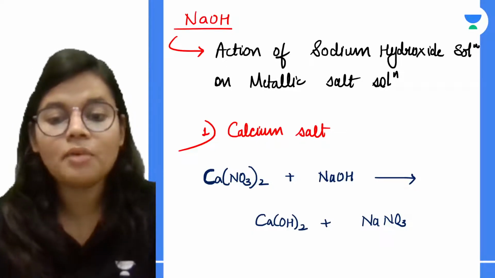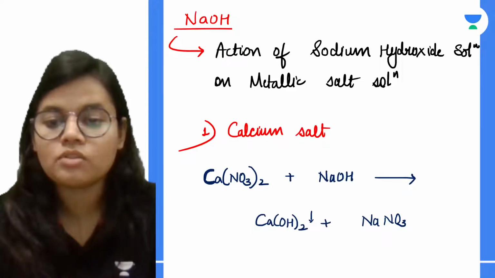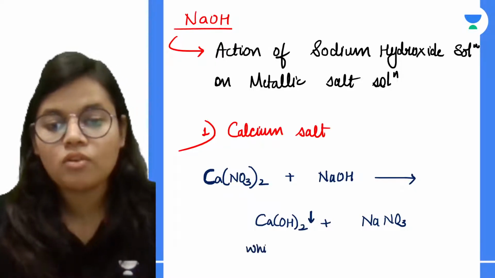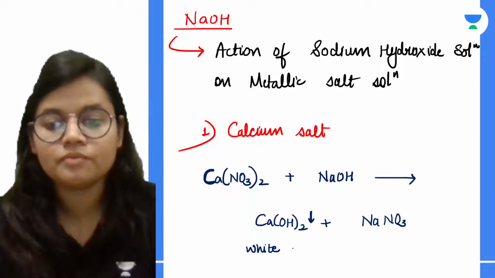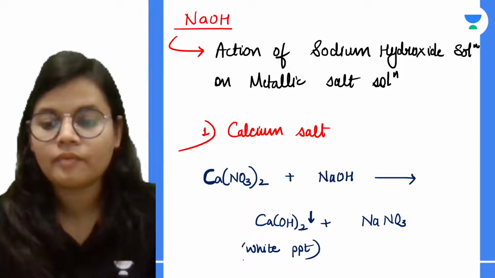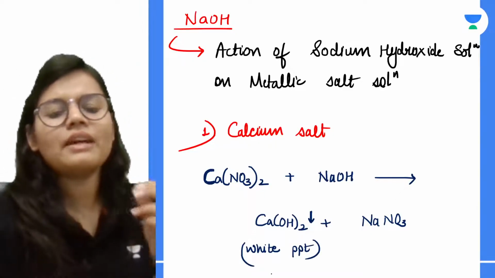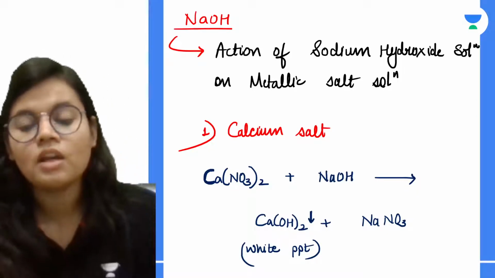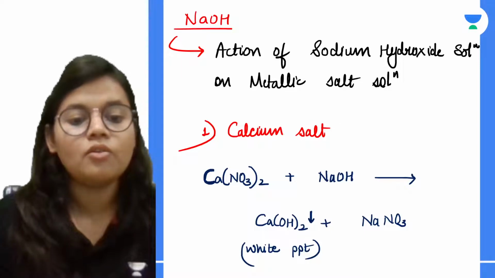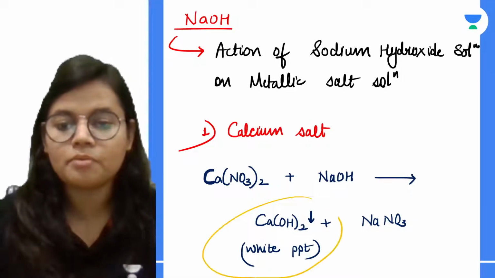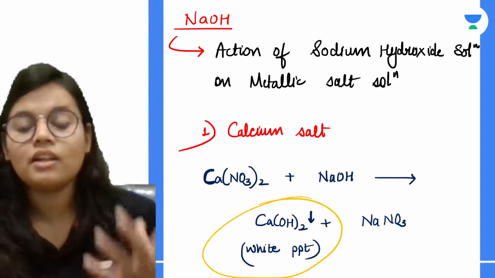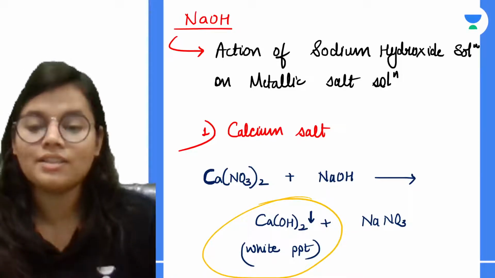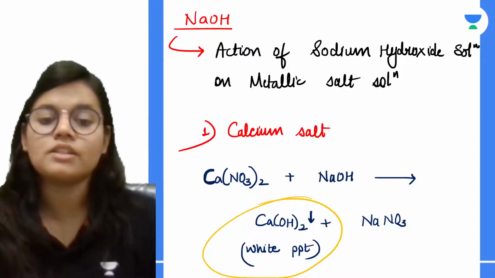Now this calcium hydroxide is produced in the form of a white precipitate, and it is very lightly soluble in water. So because of this white precipitate, we can say that the salt given to us is the calcium salt.